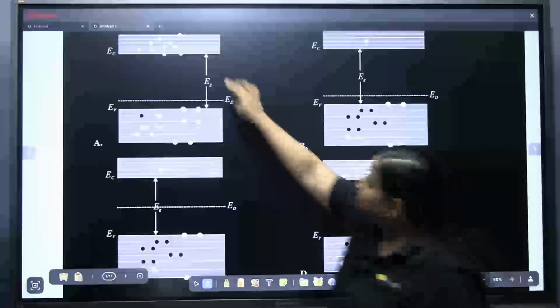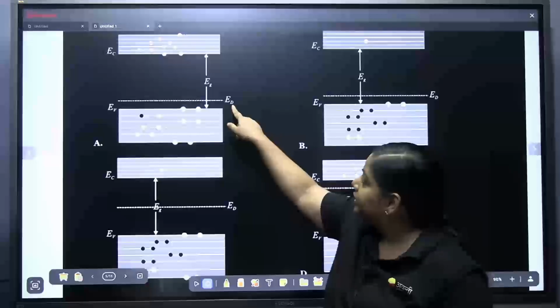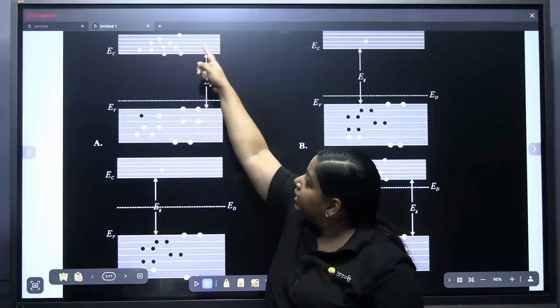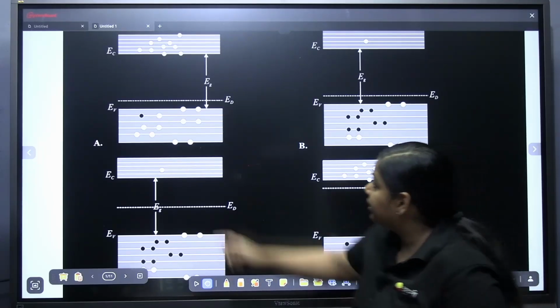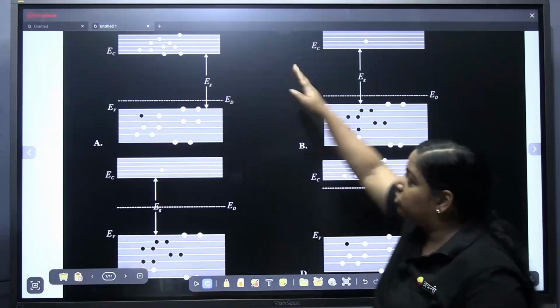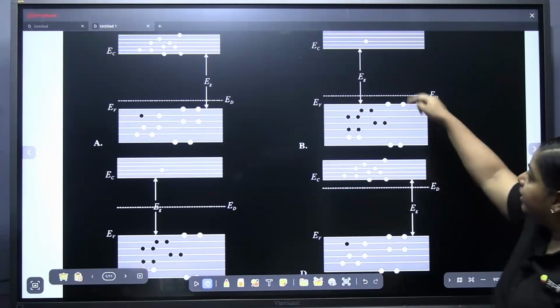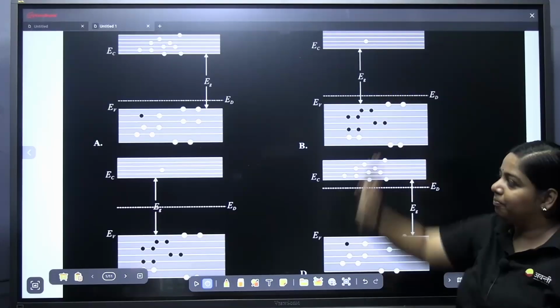In the first one, this is the conduction band, this is the valence band, this is the donor energy level, and black ones are electrons, white ones are holes. So in the conduction band so many holes are there, which is not the case in N-type. Here more electrons are there, but in the valence band only one hole is there.